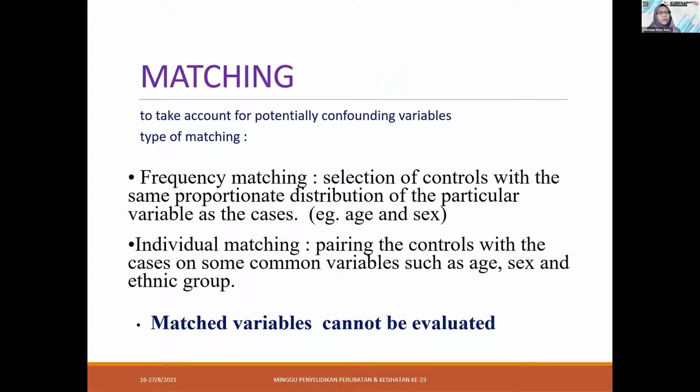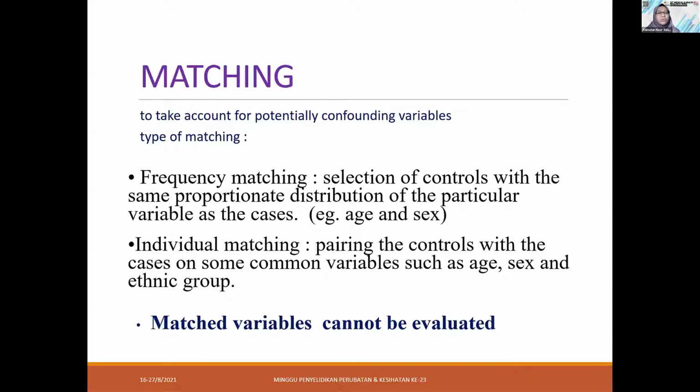And in case control, we also do matching. Yeah, this is to account for potential confounding variables. What types of matching? First is frequency matching: selection of controls with the same proportionate distribution of particular variables as the cases. For example, we want to match the age and also gender, the same amount, 35, for example.